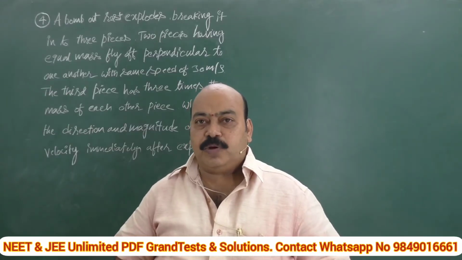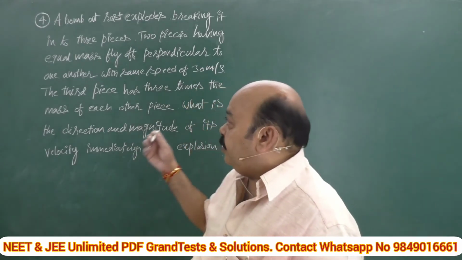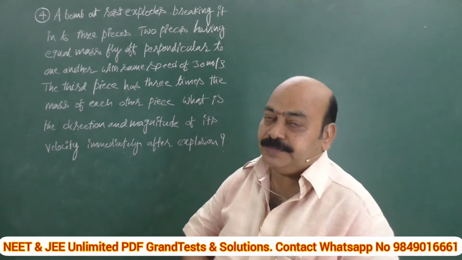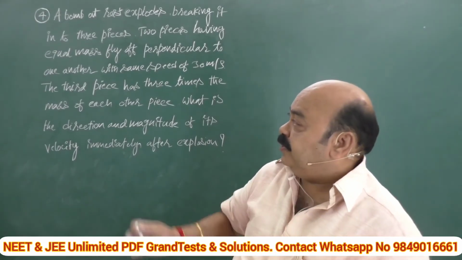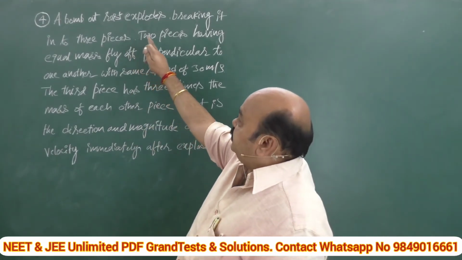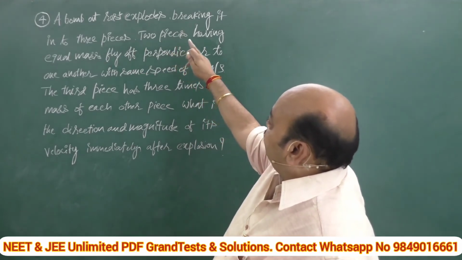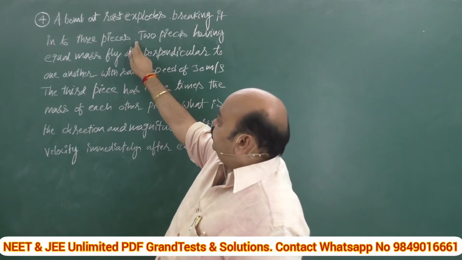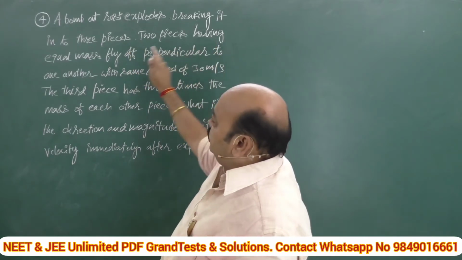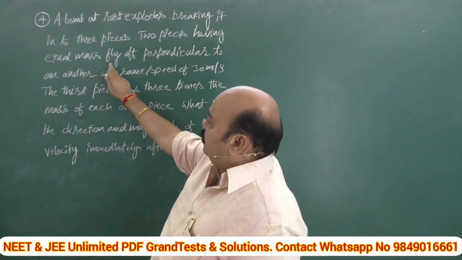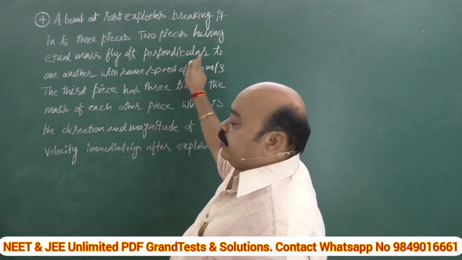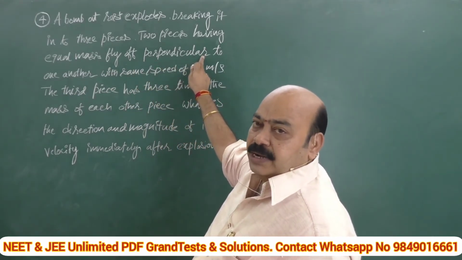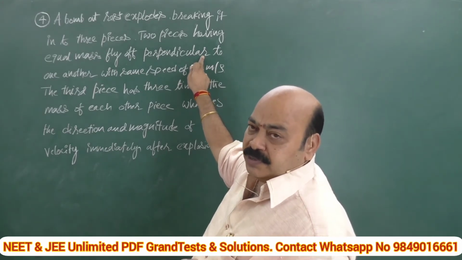Let's consider one more problem based on the law of conservation of momentum. A bomb at rest explodes, breaking into 3 pieces. 2 pieces having equal mass fly off perpendicular to one another with the same speed of 30 meter per second. Again I am telling you, receive the problem properly first.